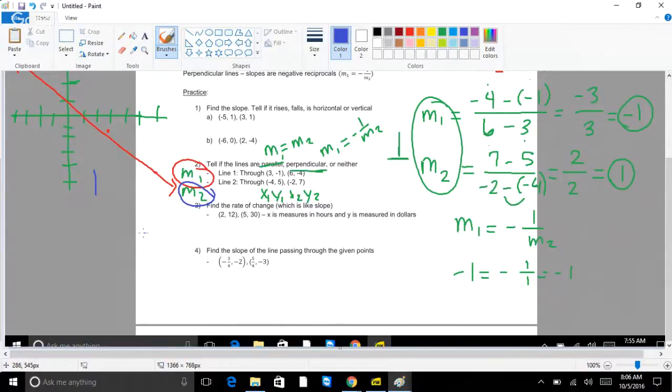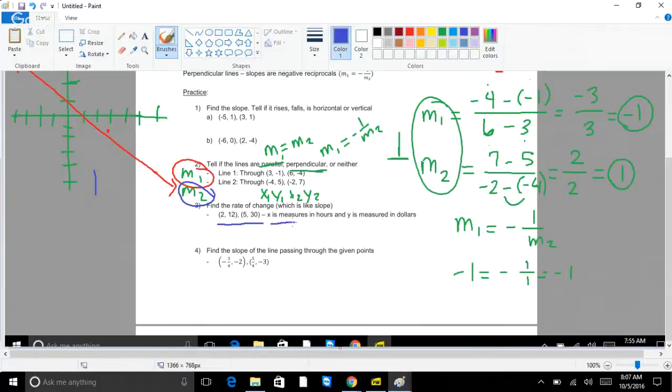So number 3 says, state the rate of change, which is like the slope. This is when you have some coordinates, and we're going to talk about those coordinates as real world measures. In this, we have two sets of coordinates here, 2, 12, and 5, 30.